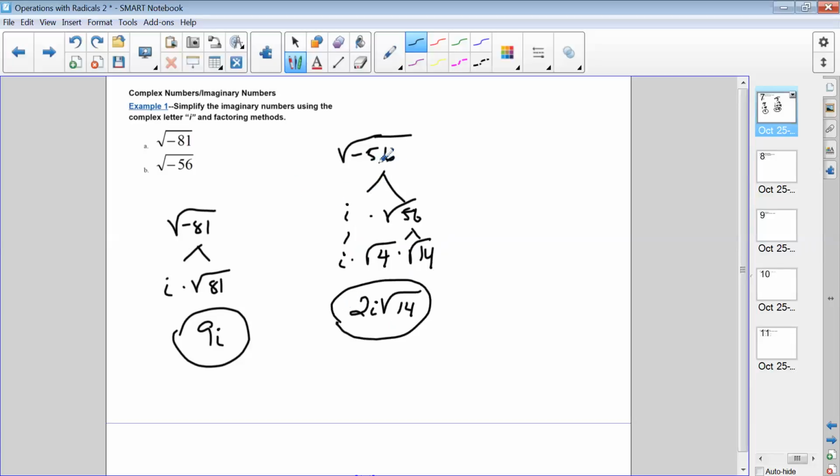So again, very similar to the previous two screens we were looking at with problems where we're simplifying. We're looking for perfect square factors, except the difference here is I've got a negative under the radical, and that negative becomes i.